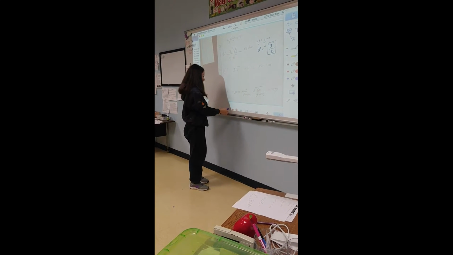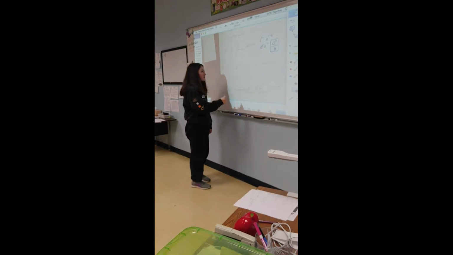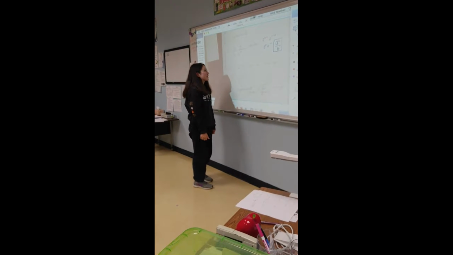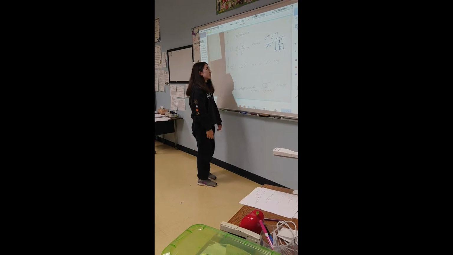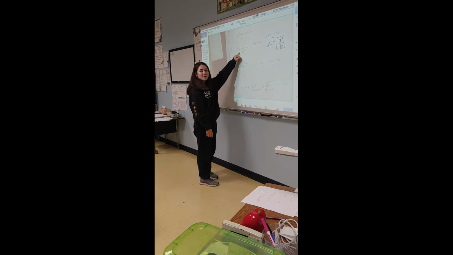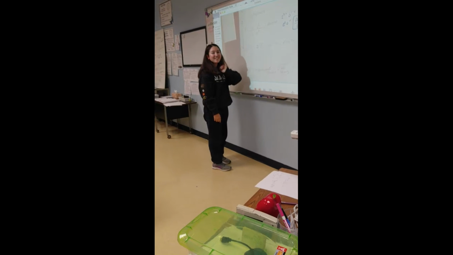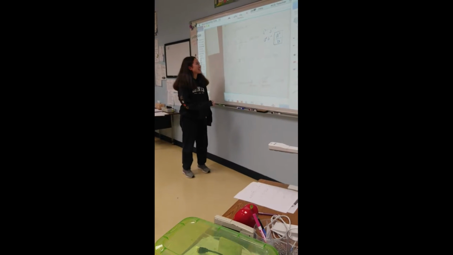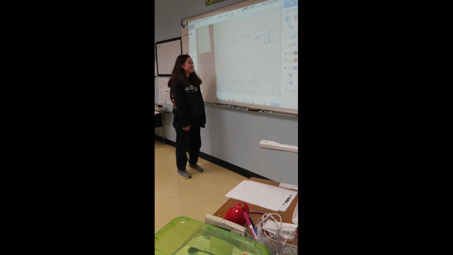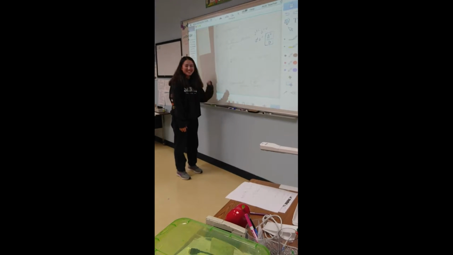So why did you use a -1 for A? I don't see a 1 anywhere in that problem. Oh, when there is no exponent, you add 1. All right, when there is no exponent, you automatically stick a 1.